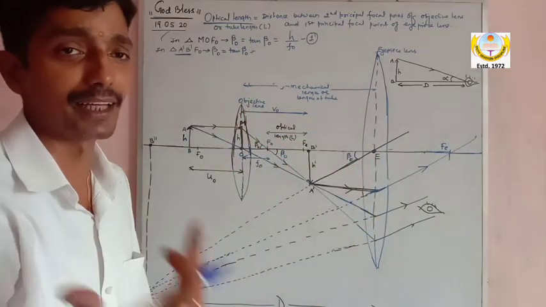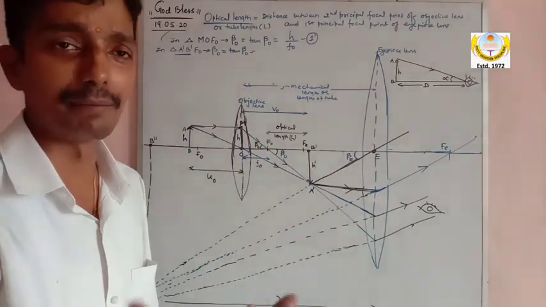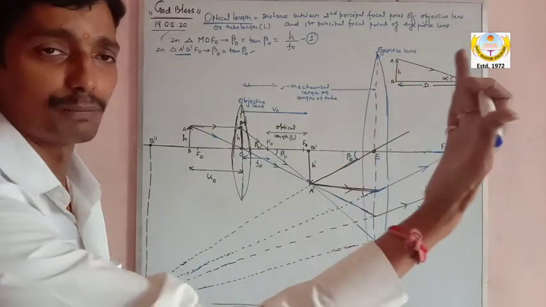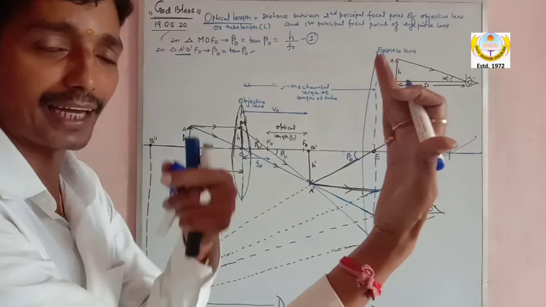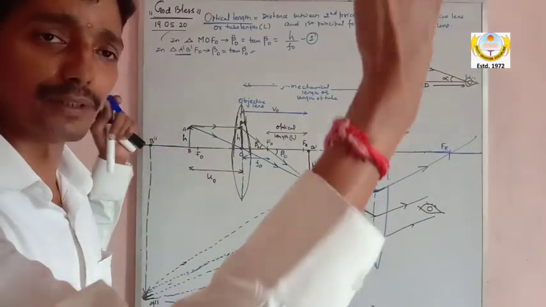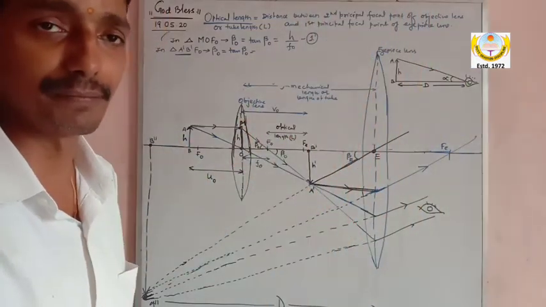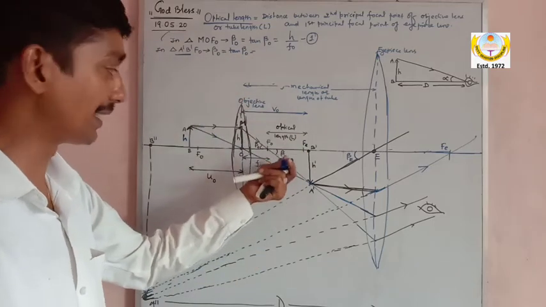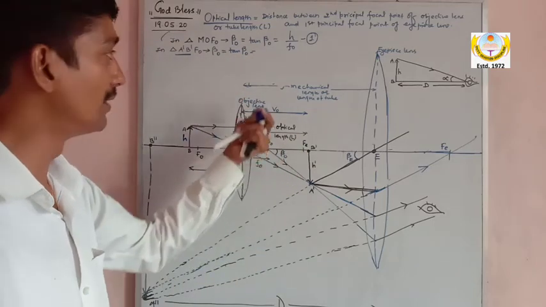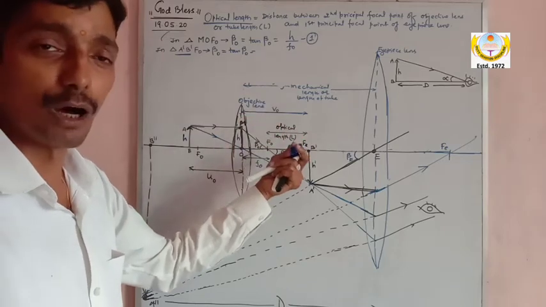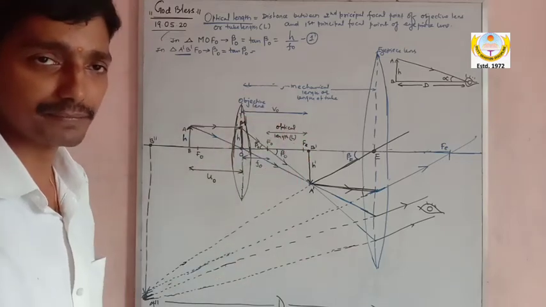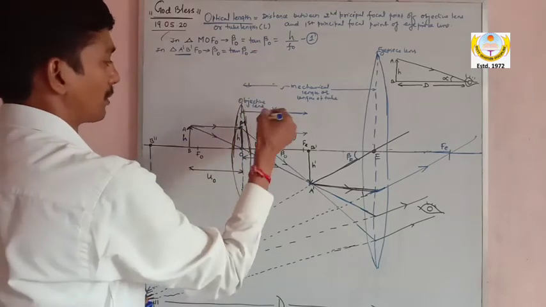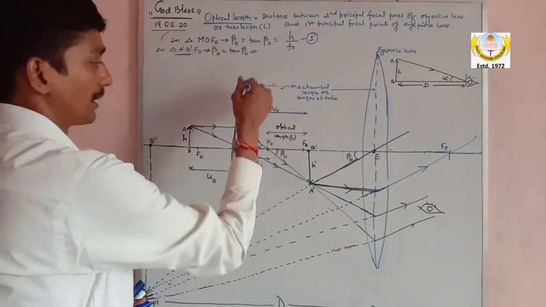What is the work of the objective lens, sir? Please, I already told you in my previous video: when the objective lens is introduced, the distance of the object towards the eye decreases and it causes an increase in the angular magnification, and that is the concept related to optical length. By how much did the angular magnification increase? That is in terms of optical length or tube length.